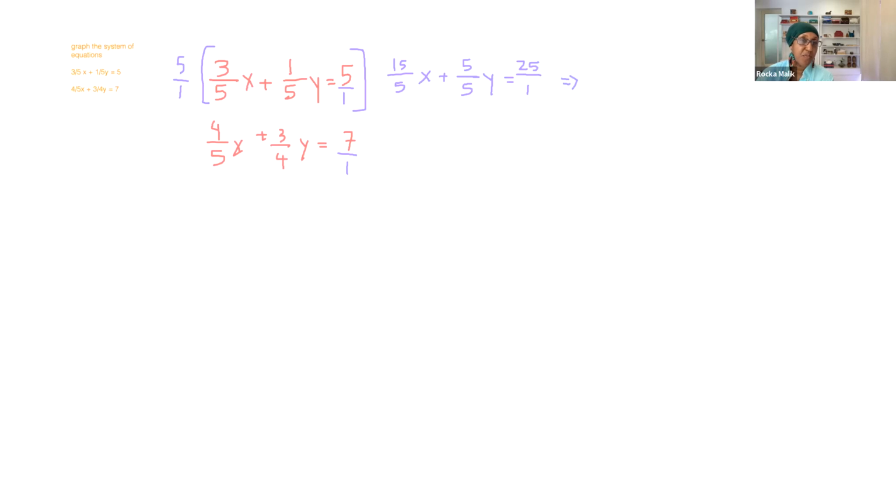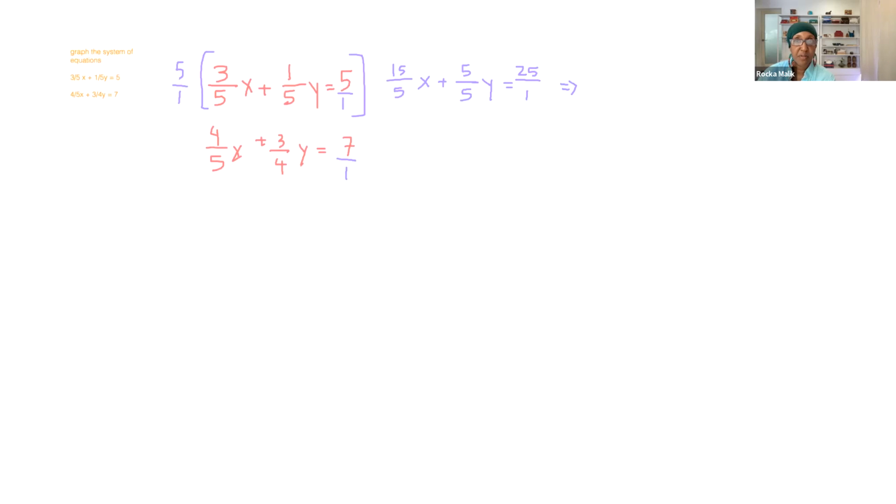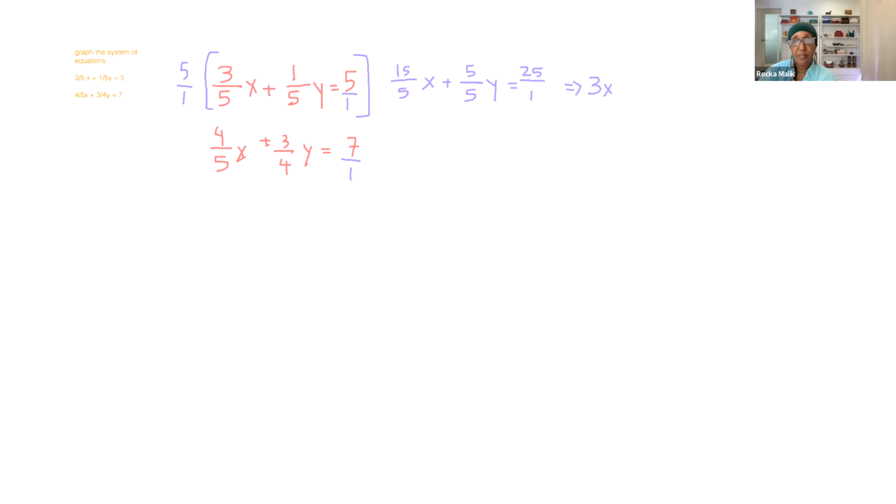Okay, so 5 will go into 15 3 times, and that's going to leave me with a 3x. 5 will go into 5 once. That leaves me with a 1y, but I don't want to write 1y, so I'm just going to write y. And this is just 25. So I got rid of the fraction by multiplying what was in common between the bottom numbers.